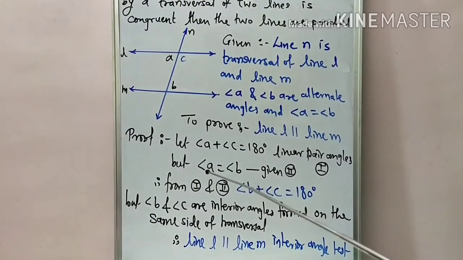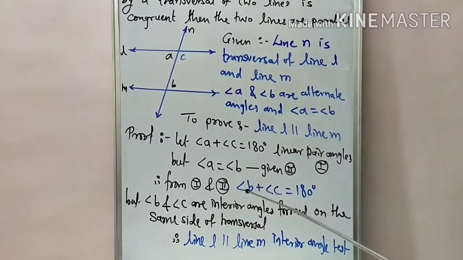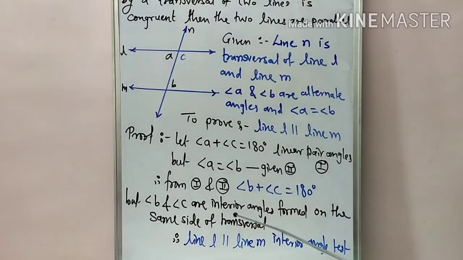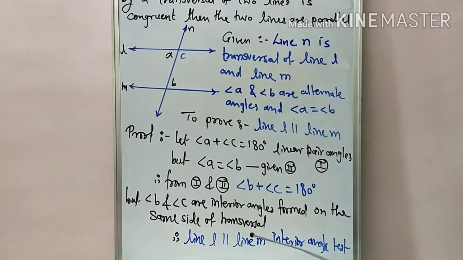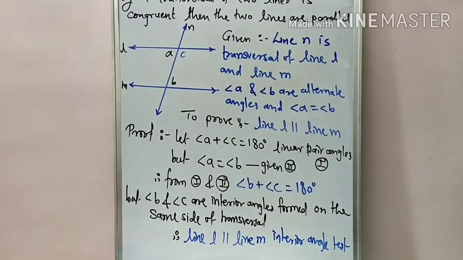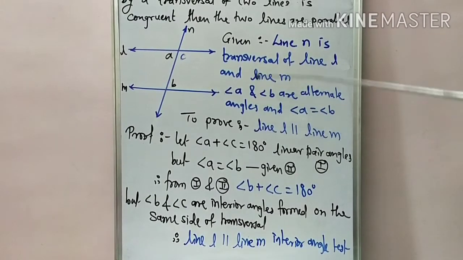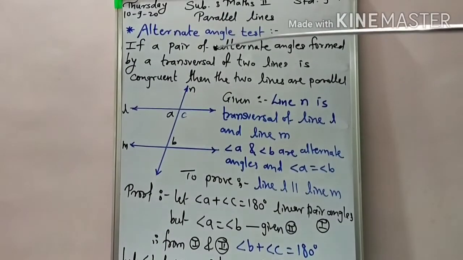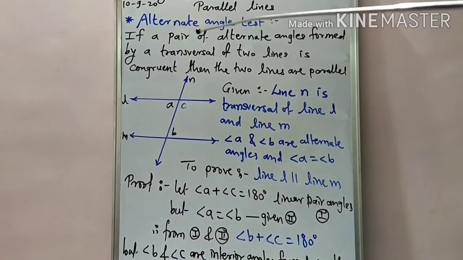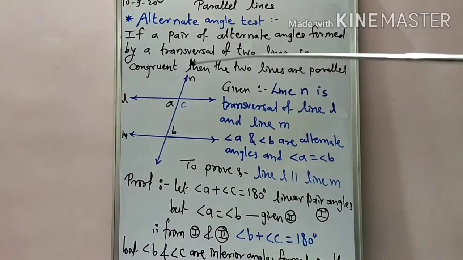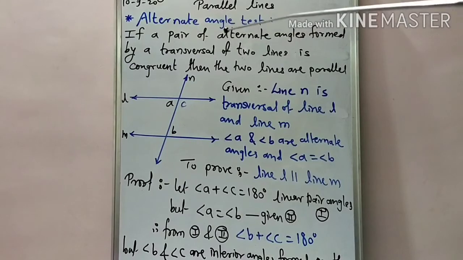Here we replaced angle A with angle B. But according to the figure, what we notice is that angle B and angle C are interior angles formed on the same side of the transversal, and hence by the interior angle test we can say that line L is parallel to line M. So here we proved this alternate angle test also. In the previous lecture we proved the interior angle test by the indirect proof method, and here, using the interior angle test, we proved the alternate angle test.